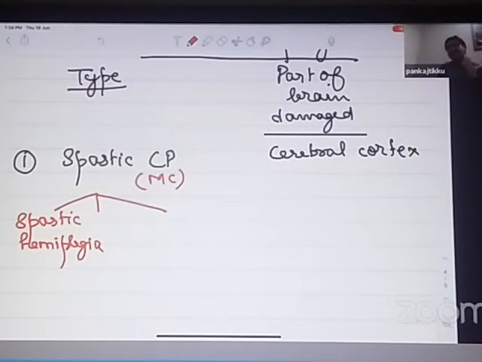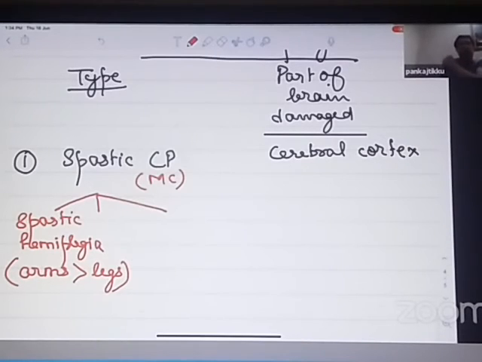When there is spasticity in one half of the body, usually the arms are affected to a greater extent than the legs. This type of spastic cerebral palsy is known as spastic hemiplegia.